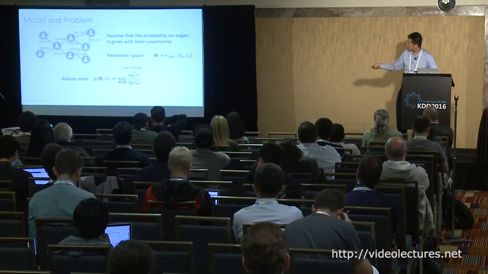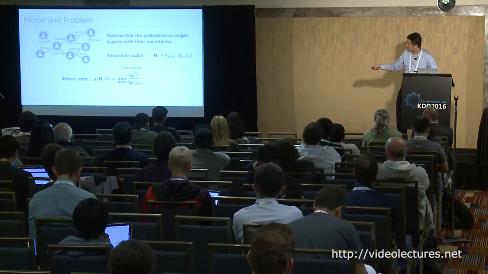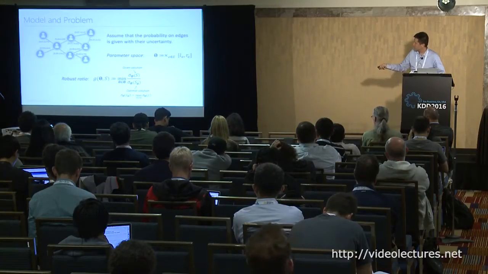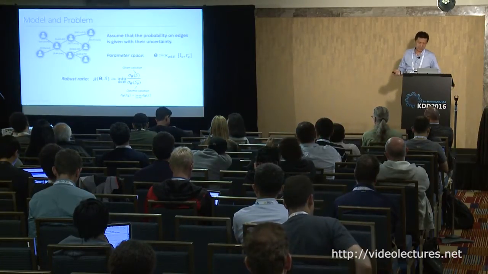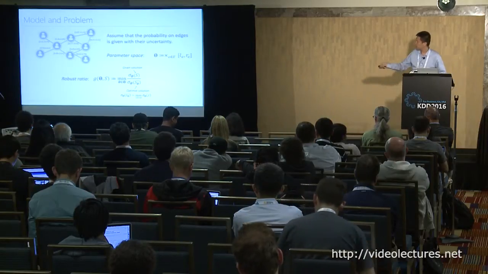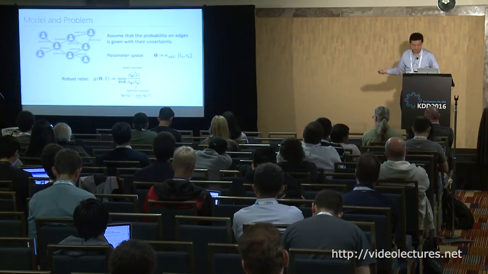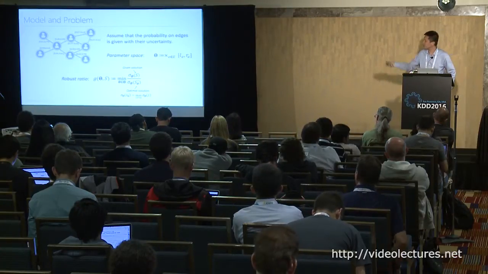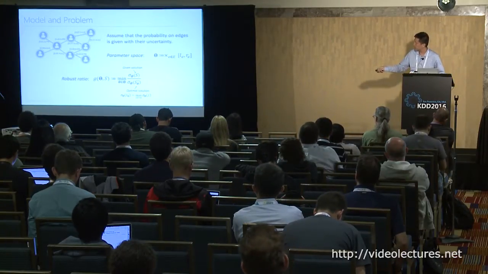But this one usually is smaller than the optimal solution. S theta star is the optimal solution in this given parameter theta. So this is usually less than one. But you have a lot of different thetas, actually an infinite number of thetas in this big theta space.